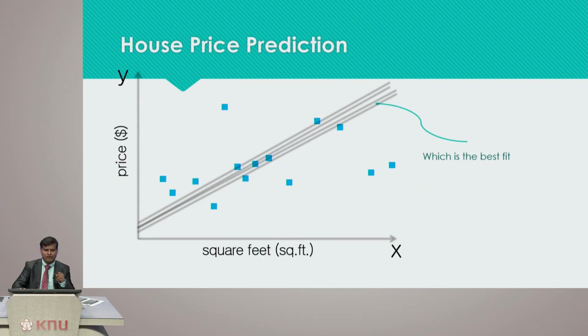We have several lines drawn, and we calculate the sum of squares of error of each and every line, and then we can conclude that whichever line has the minimum sum is the best fit that you have in hand. So let's see how to do that slowly, one by one.